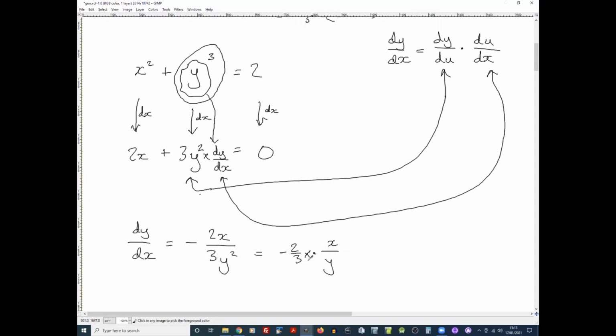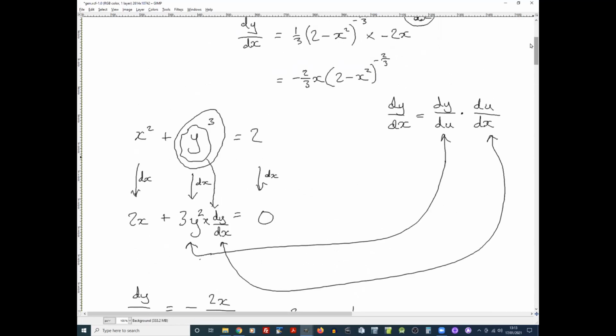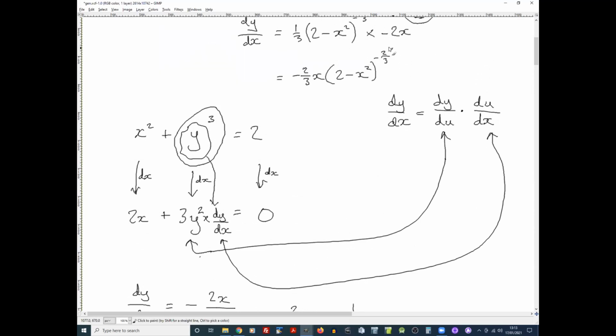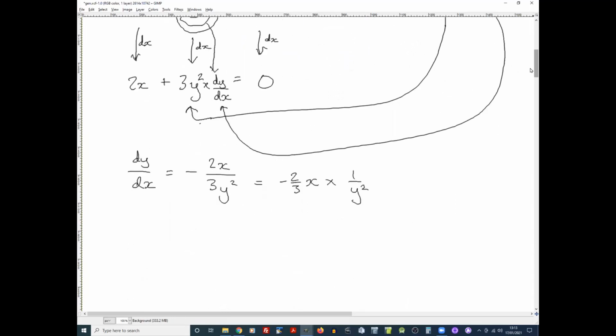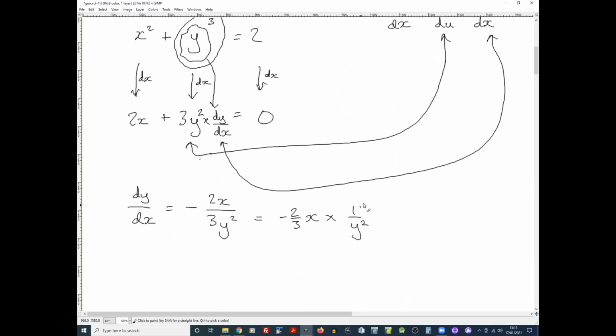Or even, to make it look more similar to the way we wrote it, minus 2/3 x times 1 over y squared. Earlier on, we had minus 2/3 x times that stuff. Now we've got minus 2/3 x times that stuff.